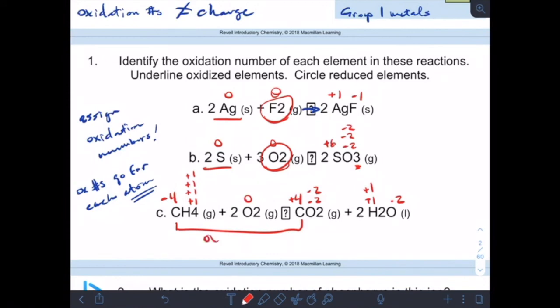So that's going to be an oxidation. Right? Now, my oxygen went from a 0 to a -2. So that number has gone down. So it's the reduction. Okay. Now, if we look at the hydrogens, they went from a +1 to a +1. So nothing has changed for those hydrogens.